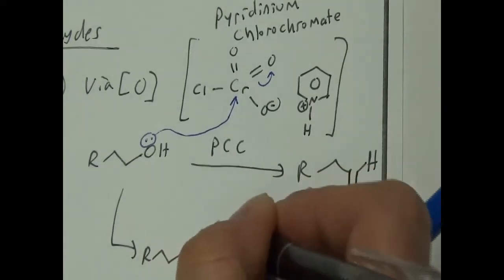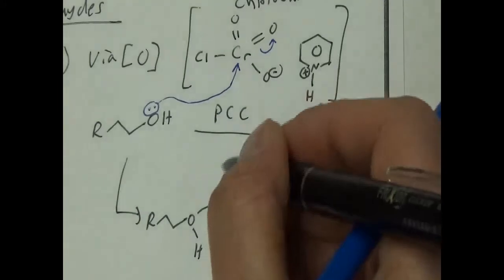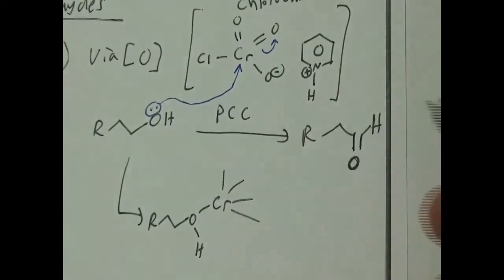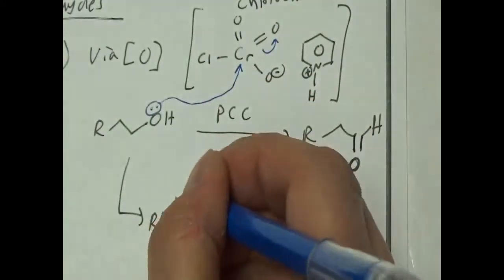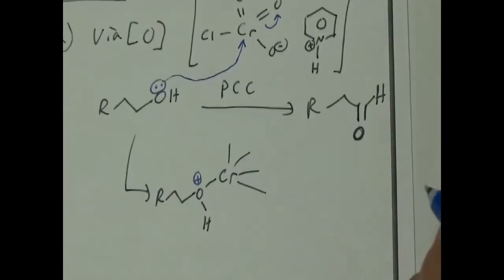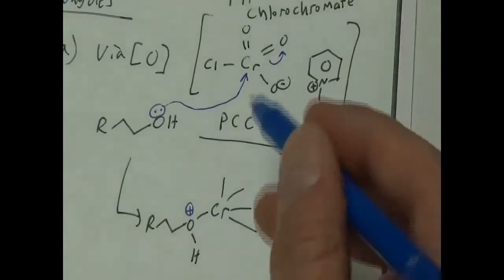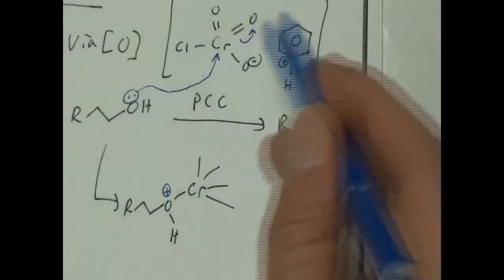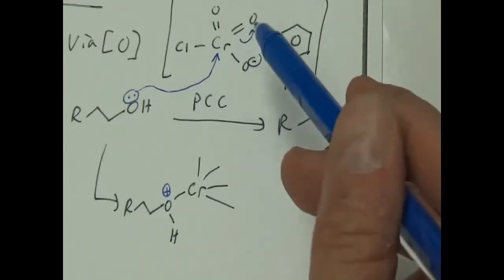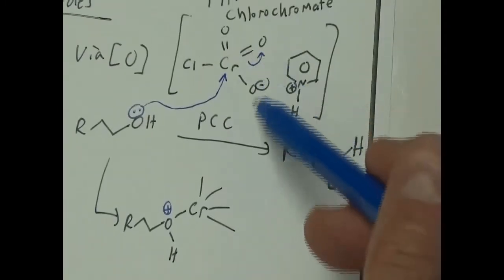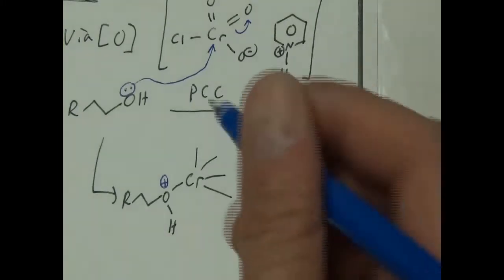OH, chromium, and just a bunch of stuff on chromium, and a plus charge. Okay, I'm kind of ignoring all the details. It's just a bunch of stuff on chromium. Chlorine, O minus, right? But I'm just abbreviating that.